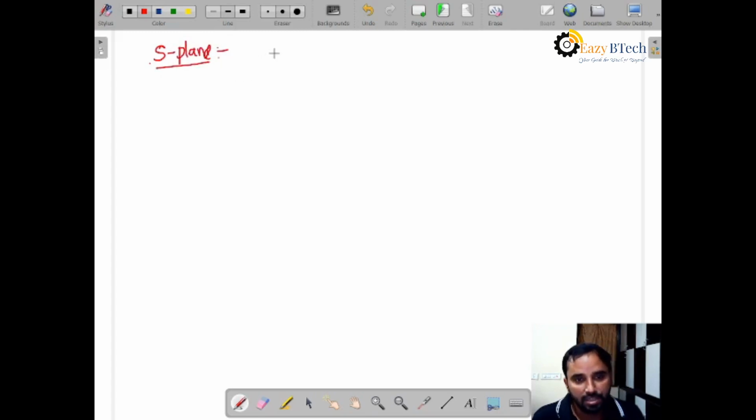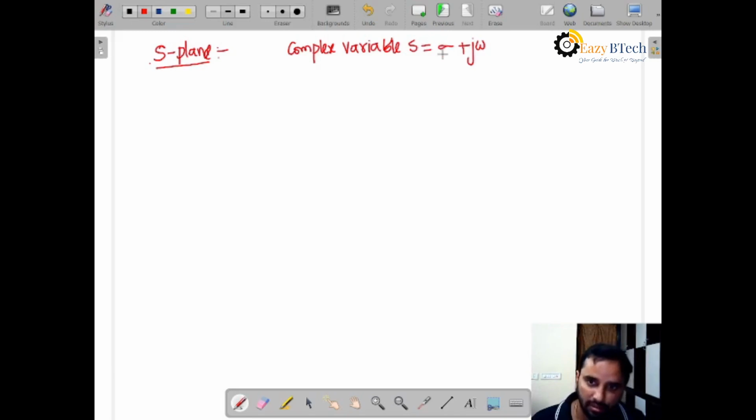In Laplace transform we have the complex variable S, which is equal to sigma plus j omega. Here sigma indicates the real part of S, and omega is the imaginary part of S. Now I am taking the real part as the x-axis and j omega as the y-axis, the vertical axis.